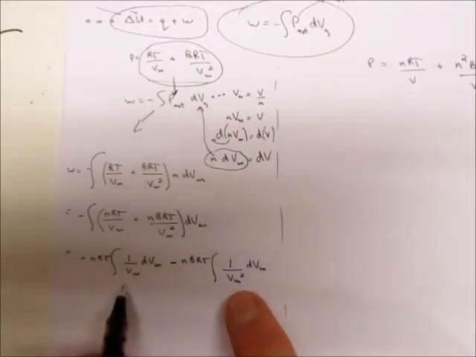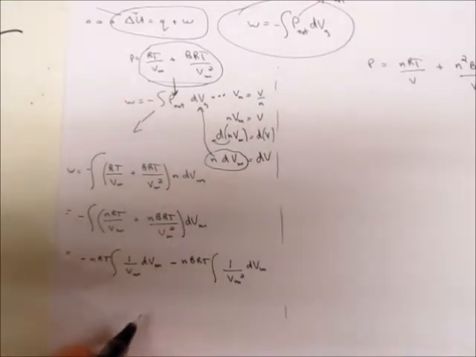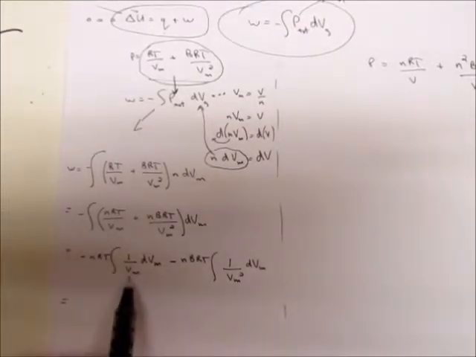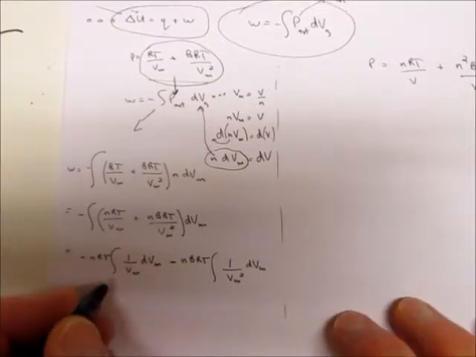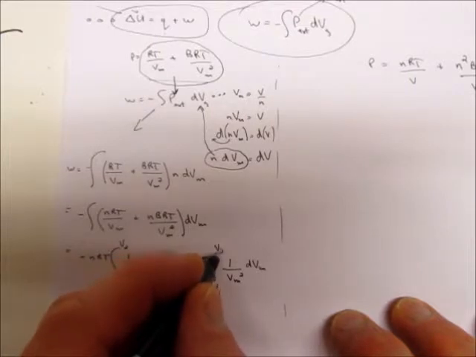So that transfers to this, and I think all of you should be able to know how to do this integral, right? And I think, why don't I just go ahead and show that? The integral of 1 over V is ln Vm, and you're going to be doing it between your initial and whatever your final volumes are, right?